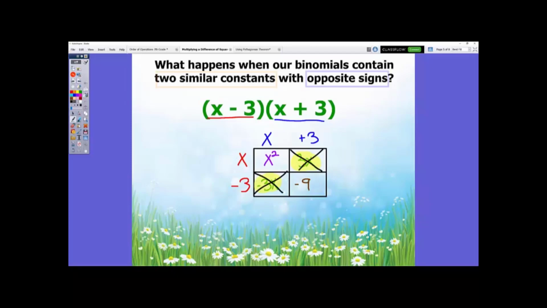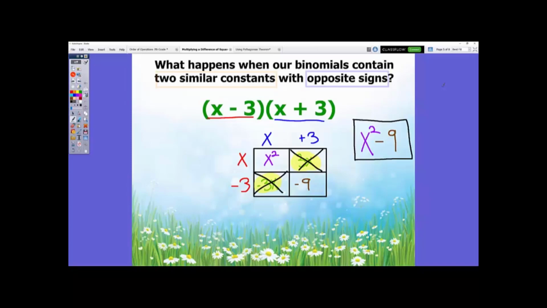So these cancel out, and that leaves us with a final answer of x to the power of 2 minus 9. And there we go.